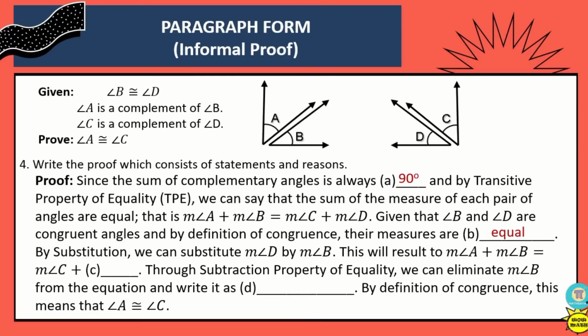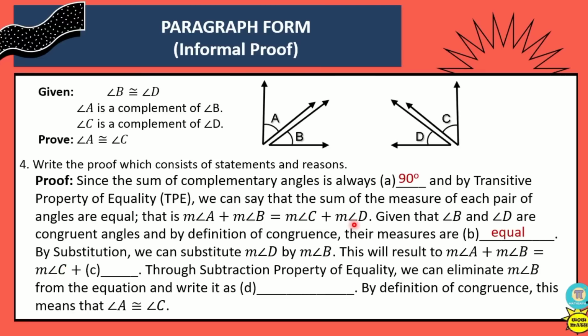Okay? So, next, by substitution, we can substitute the measure of angle D by the measure of angle B. So, balikan natin ito. Ito yung given natin kanina. So, isa-substitute natin the measure of angle D dun sa B. Okay. So, AB, ito siya, and then C, ito.